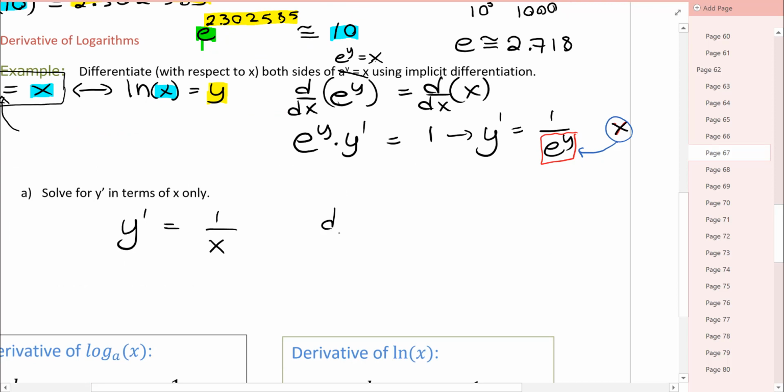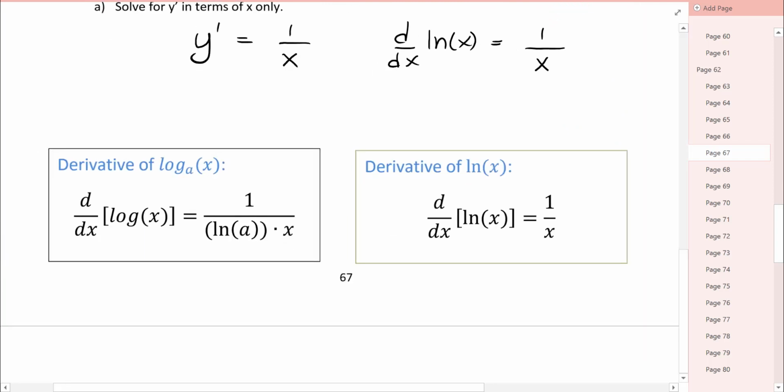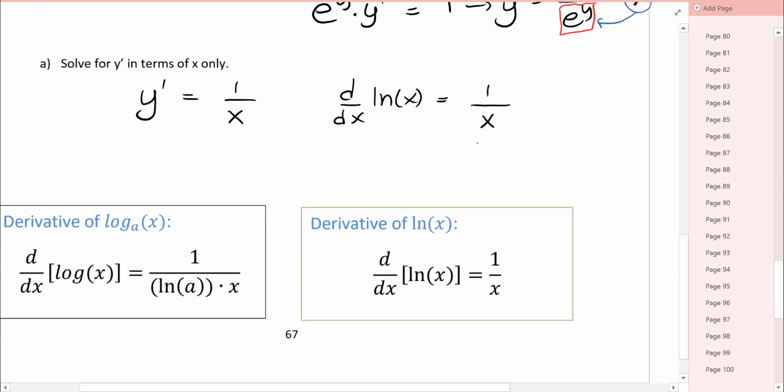And d by dx of the natural log of x equals 1 over x. So that's this one right here, and that's the one we'll mainly use.